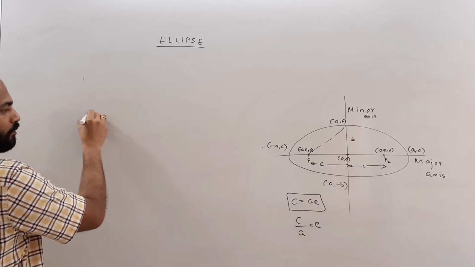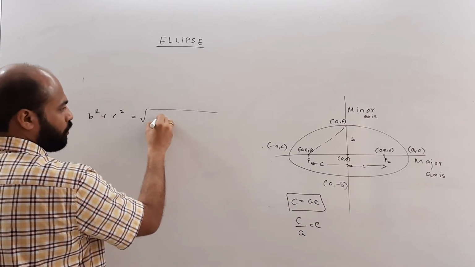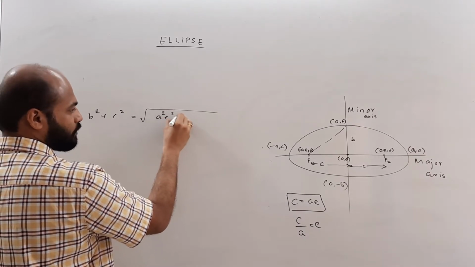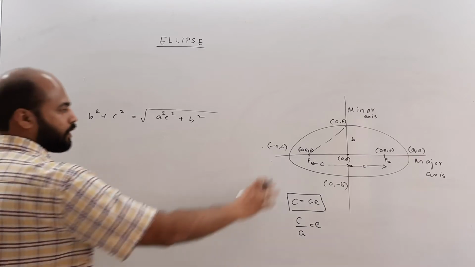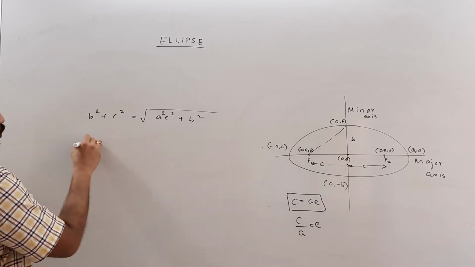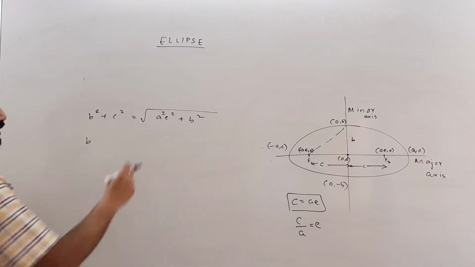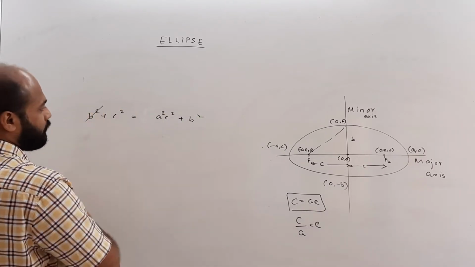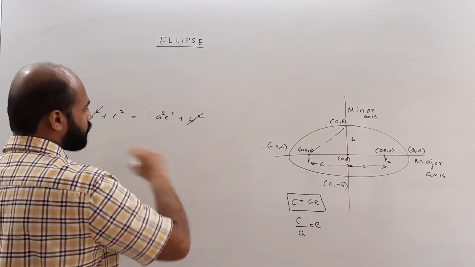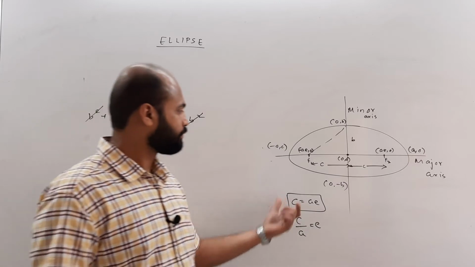So I can write b square plus c square is equal to root over a square e square plus b square, because this is the hypotenuse. Now let's square on both the sides. Of course b square and b square cancel, and we get the same relation back, that is c is equal to ae.